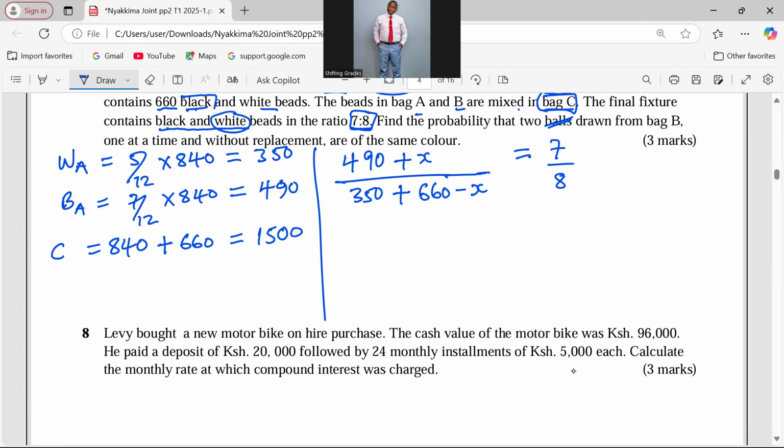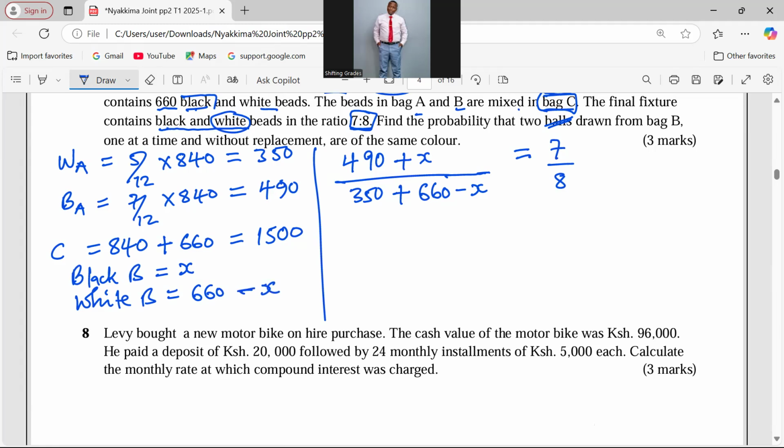Allow me to explain how I'm coming up with X and 660 minus X. Assuming that in bag B now, the black in B are X, then the white in B will be 660 minus X. That is what I want you to know now.